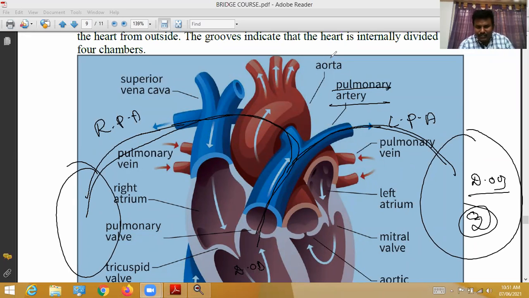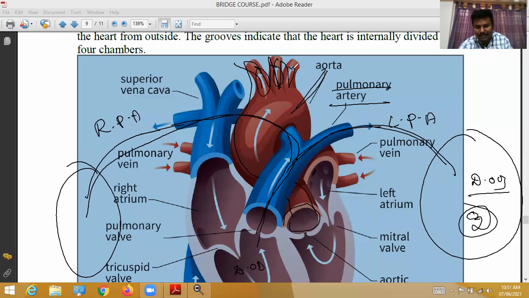Next, this is called the systemic aorta, the large aorta. Outside of the heart, the systemic aorta is divided into several branches.